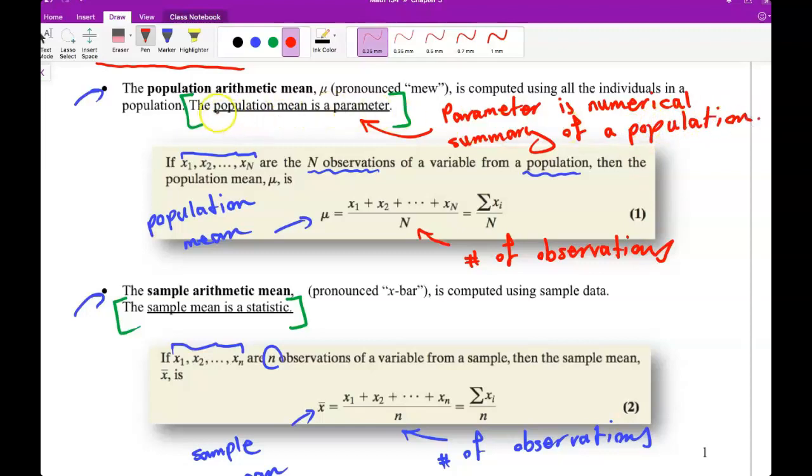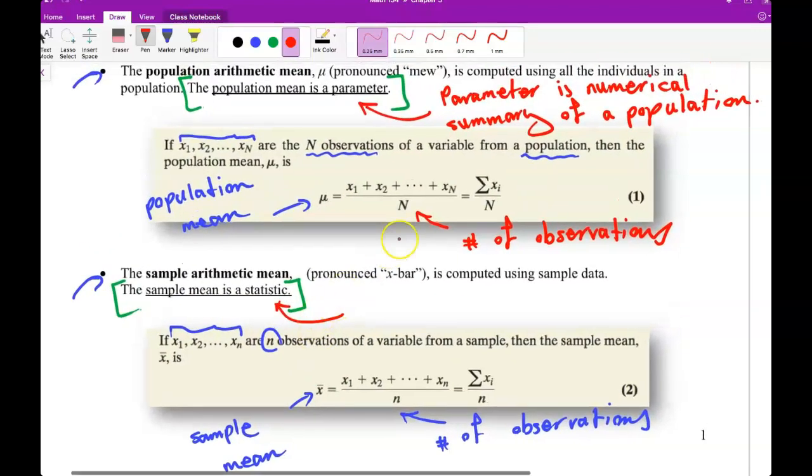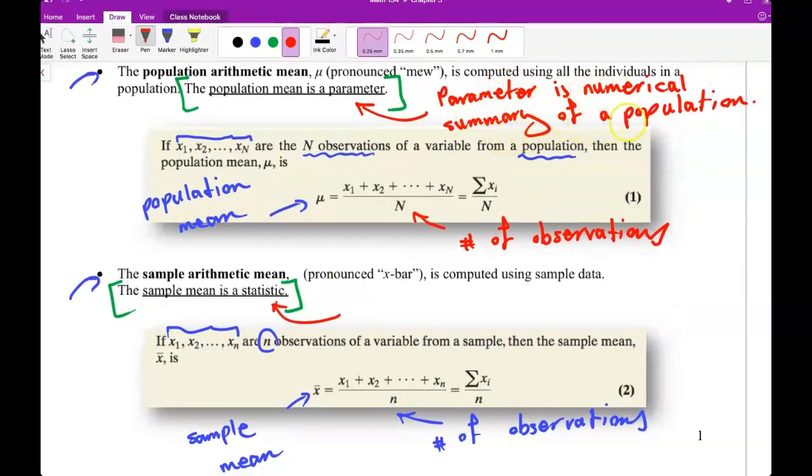Just keep in mind that since population starts with P, parameter also starts with P. So P and P: population parameter. Now the sample mean is a statistic. A parameter is a numerical summary of a population, and a statistic is a numerical summary of a sample.